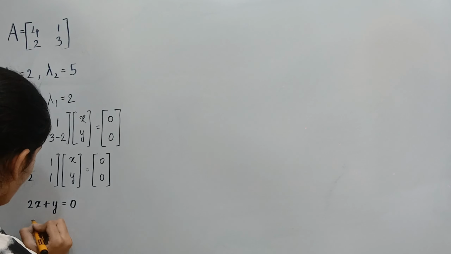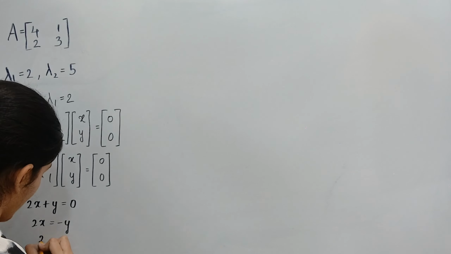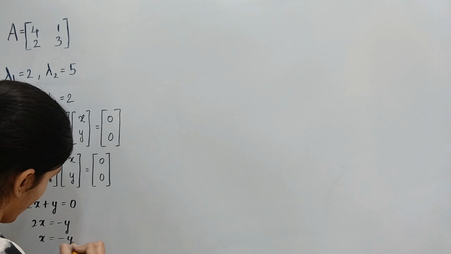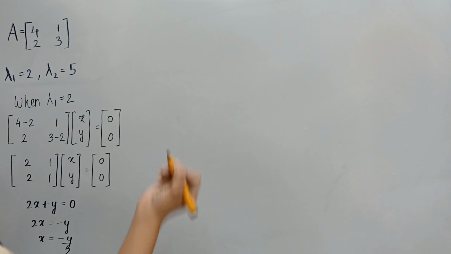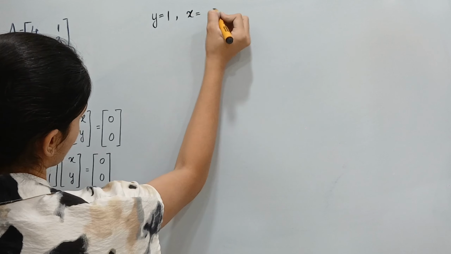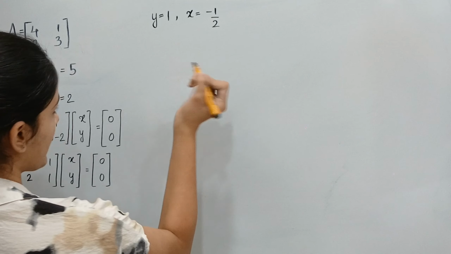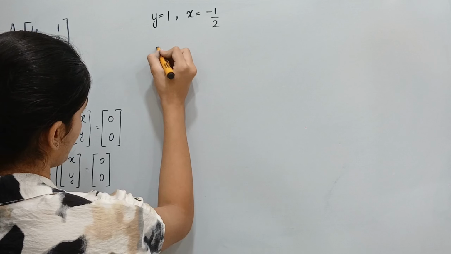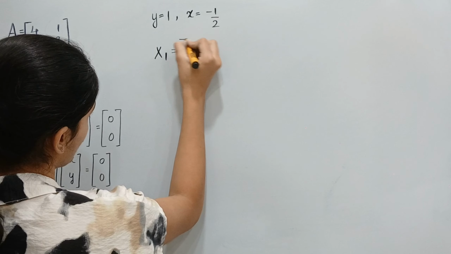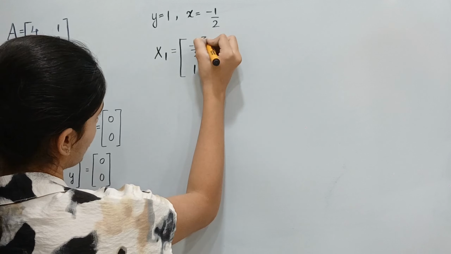Now 2x equal to minus y. So x equal to minus y by 2. So when y equal to 1, we will have x equal to minus 1 by 2. So our first set of vector will be x1 equal to minus 1 by 2, 1.